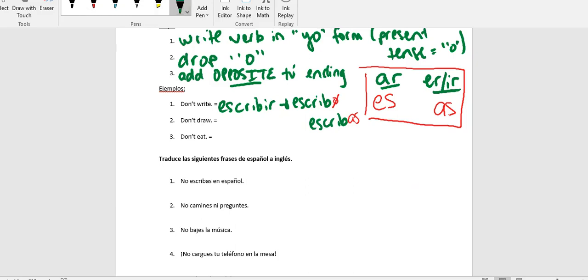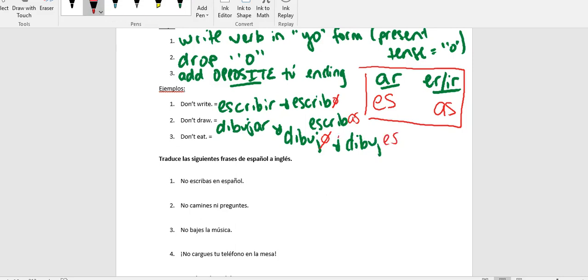Alright. For don't draw, our verb is dibujar. So we put that in the yo form, which would be dibujo. We don't really want that. We're going to drop that O, we get dibujes.